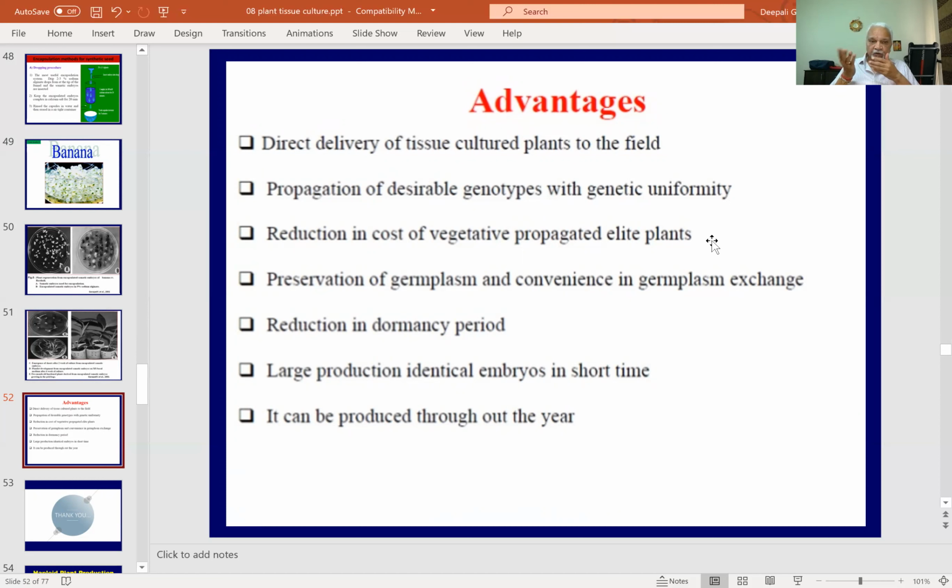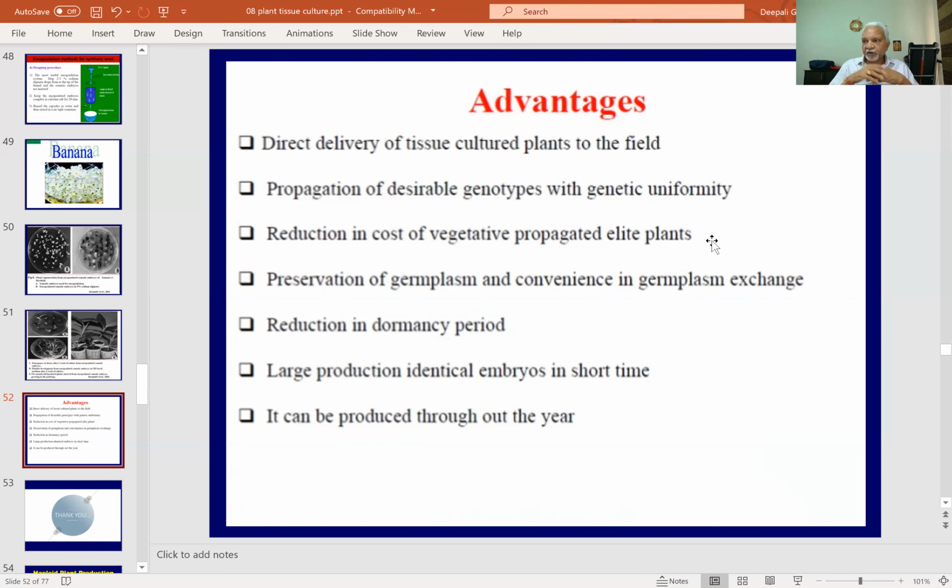Dormancy is reduced or not there, because the tissue is taken from the adult plant, so it can directly germinate. There is no dormancy period involved, as one has seen in the case of natural seeds. All natural seeds have dormancy.